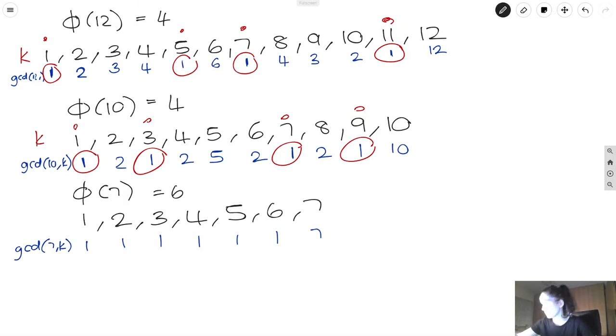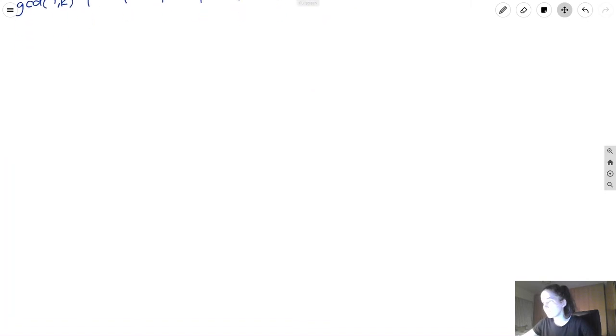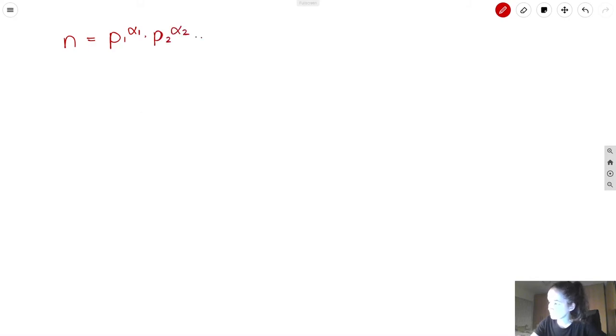Okay, now there's a pretty neat formula for phi of n, which states that if we write n as p1 to the alpha 1, p2 to the alpha 2, up to pk to the alpha k. According to the fundamental theorem of arithmetic, p1, p2 up to pk are all unique prime numbers, and alpha 1, alpha 2 up to alpha k are all the exponents.